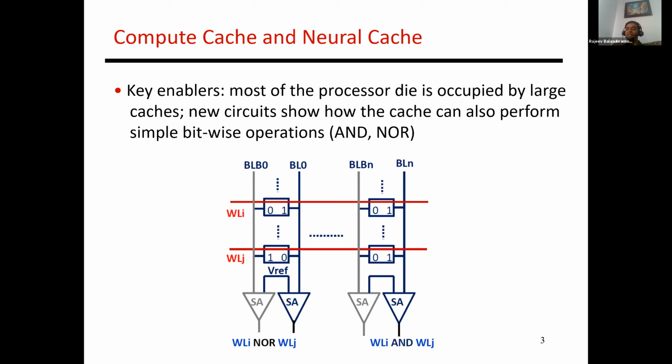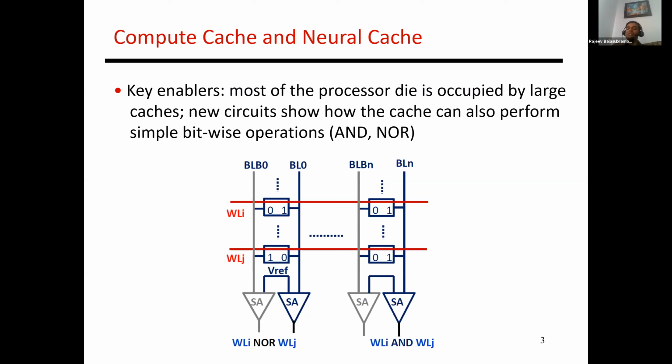And so in their proposed circuit, they're essentially saying that if you turn on 2 word lines at the same time, one of the bit lines is going to carry the AND of the signals in those 2 cells, whereas bit line bar is going to carry the NOR of the 2 signals, right?